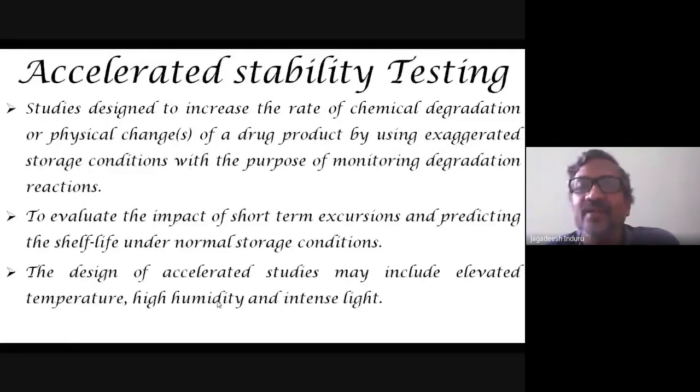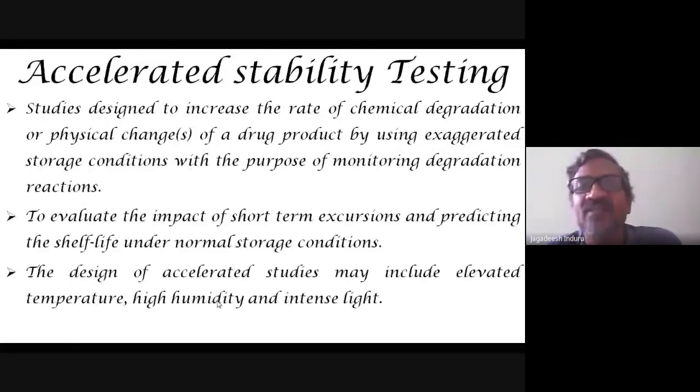Patients are waiting for the disease treatment, and you have a product but are not able to launch. For that purpose, regulatory bodies in every country say that for a certain period of time, nowadays 6 months, if you give the 6 months of stability data proving your product is stable, we will see the data and give the permission, and you can enter into the market.